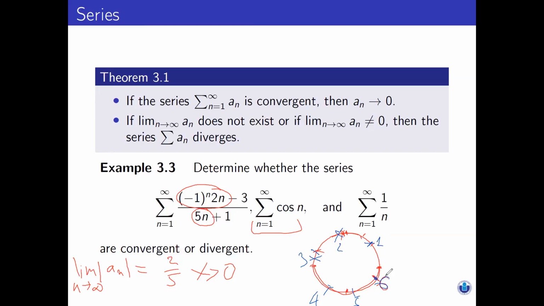So you see that there are many integer values very close to a number of the form k times pi, where cosine has absolute value 1. So it's rather big.